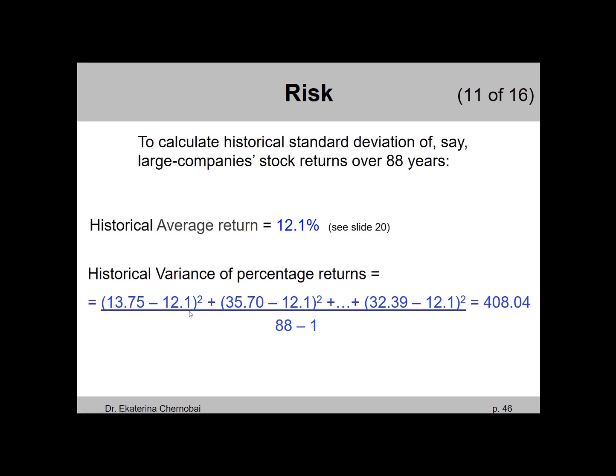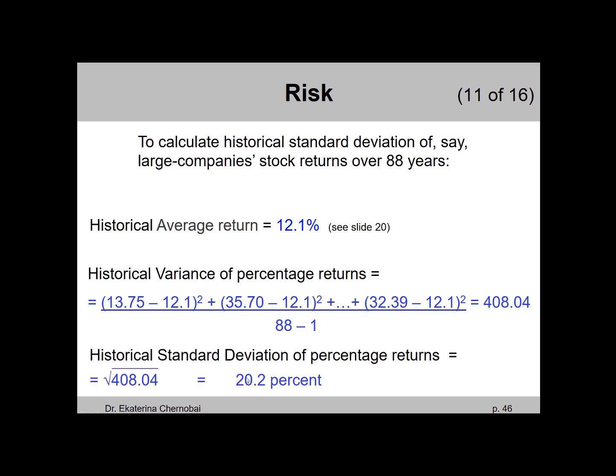And then for each we subtract the historical average, which was calculated on one of the earlier slides, square, add them up, divide by, not by 88, but 88 minus 1. That's the variance. And then the square root of that is 20.2%. So 20.2% on average is the distance from the actual return from 12.1% return.